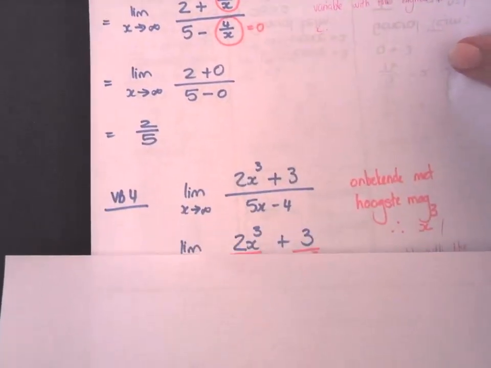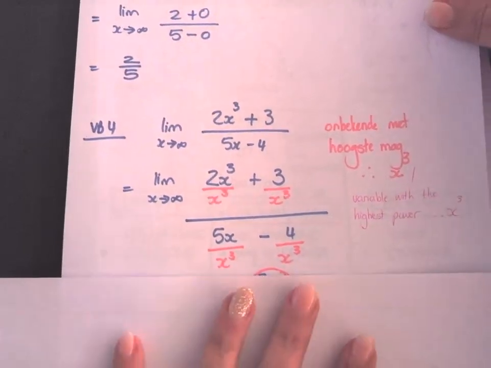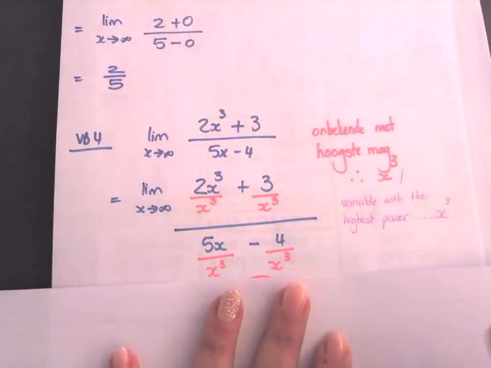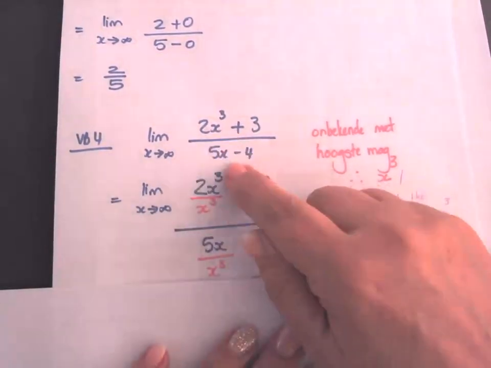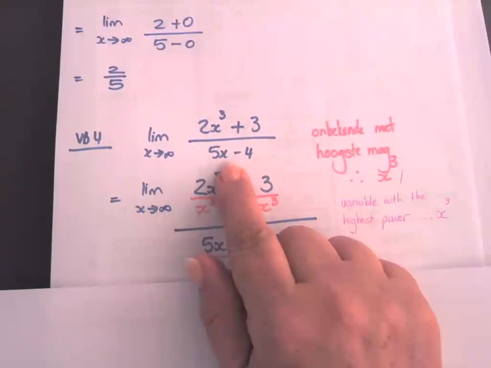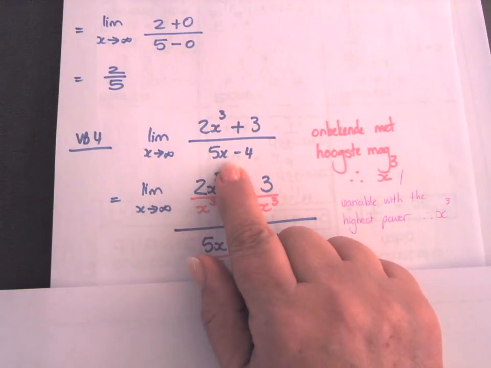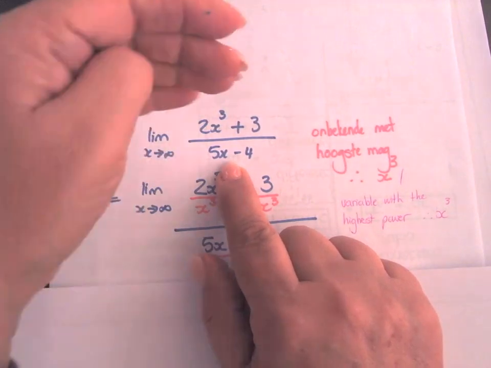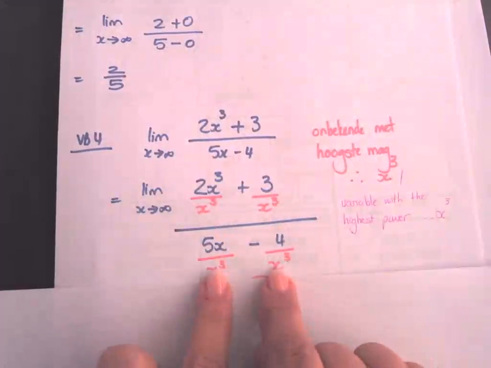Let's look at another example. This is only one that I made up. I just wanted to show you, if you have a variable and you have a higher power, x to the power of 3, each term in the numerator and the denominator will be divided by x to the power of 3.